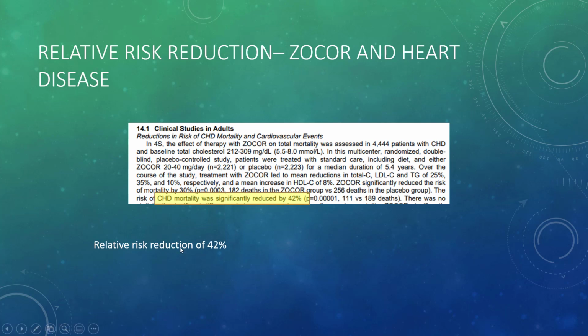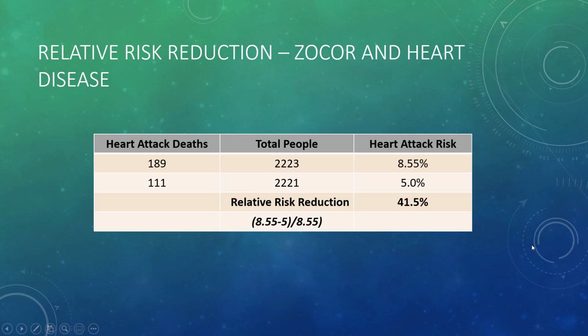And here you go again. The CDHA, this is congestive heart disease, mortality was significantly reduced by 42%. So we take this study here and we put it into a spreadsheet. The top line here is the placebo group. The bottom line is the Zocor group.